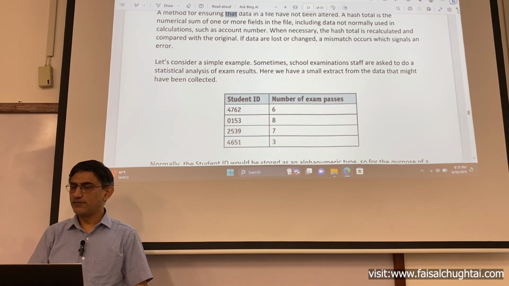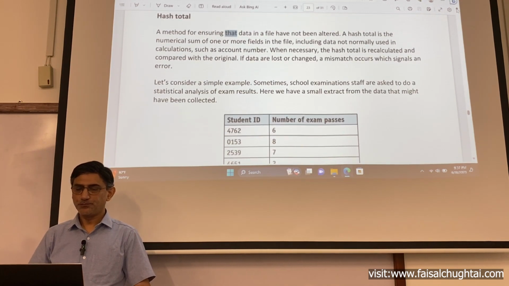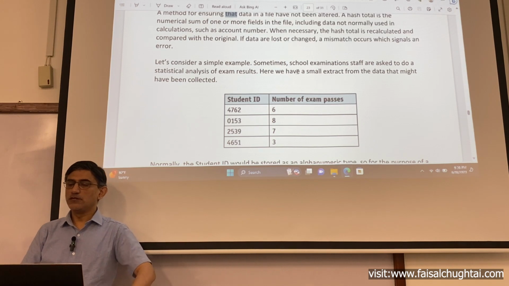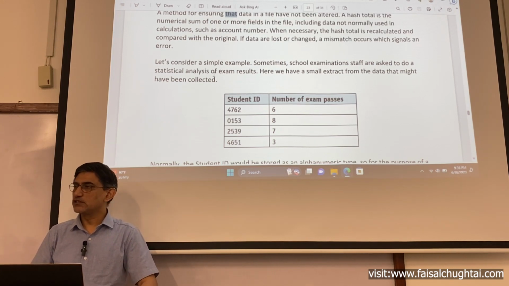If we have a look at a different example of what hash totals are, according to this example, sometimes school examination staff are asked to do a statistical analysis of exam results. Here we have a small extract from the data that might have been collected.